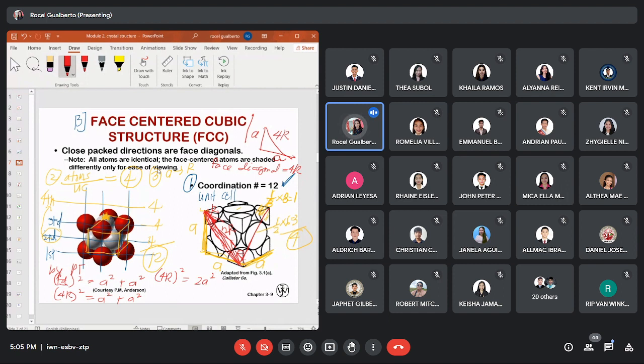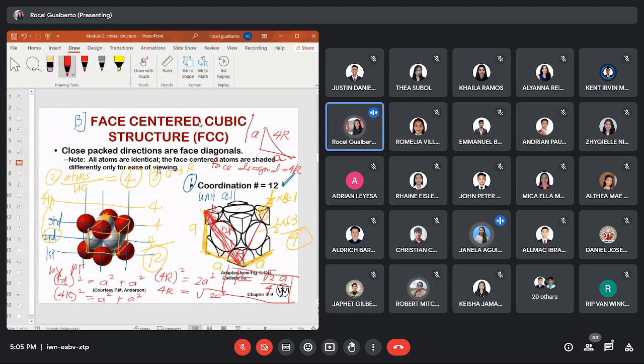So, if you are to find the value of R, 4R is equal to the square root of 2A squared. And from this, R would be equal to square root of 2 times A divided by 4. Nakuha po ba? Nasundan? Nakuha kung paano ni-derive?